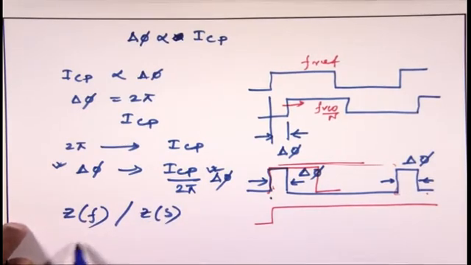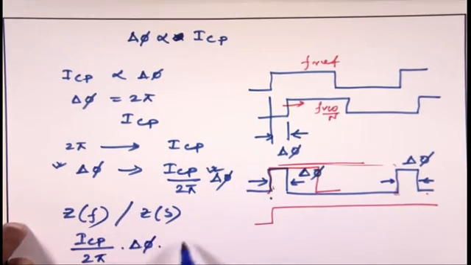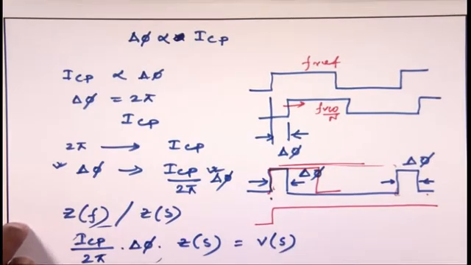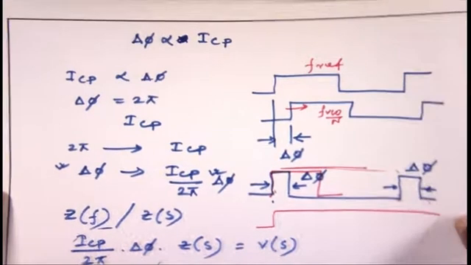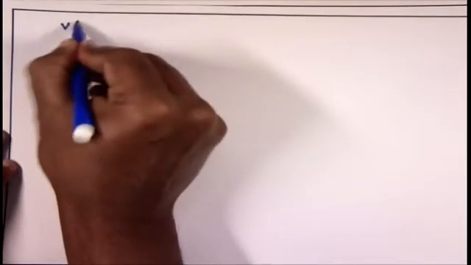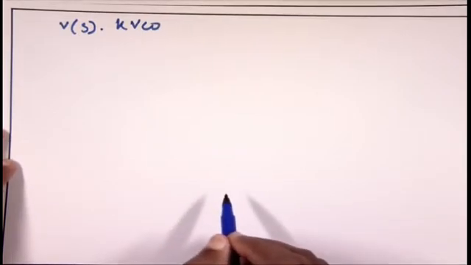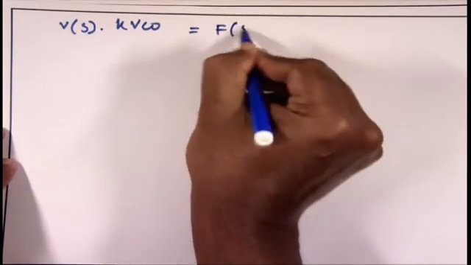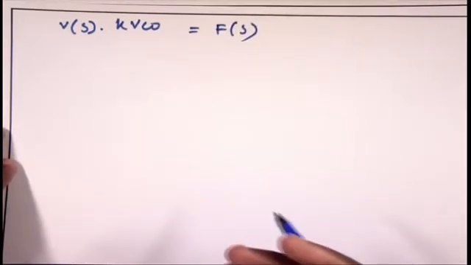So I can say ICP by twice pi into delta phi into ZS, because this is a unit of current, this is a phase, multiplied by the impedance, I will get a control voltage of Vs. And that particular control voltage Vs, again multiplied with my K VCO, I will get a frequency, which is also dependent on time.